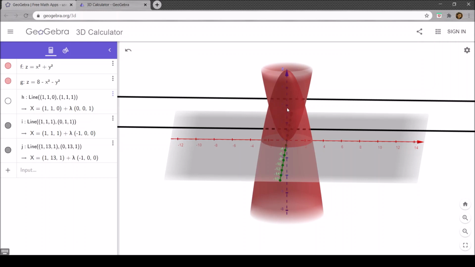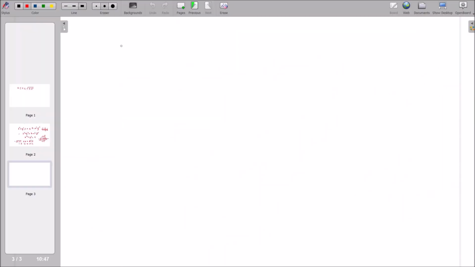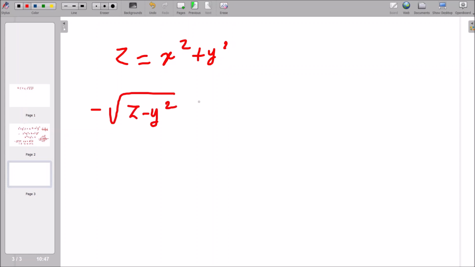So you need to divide the region into two parts. So this one will be the R1 region and this will be the R2 region. So for here, your limits will be what? It is entering from the upward paraboloid. So your limits of x will be what? z equal to x square plus y square. So from here, my x will be nothing but minus square root of z minus y square to plus square root of z minus y square.